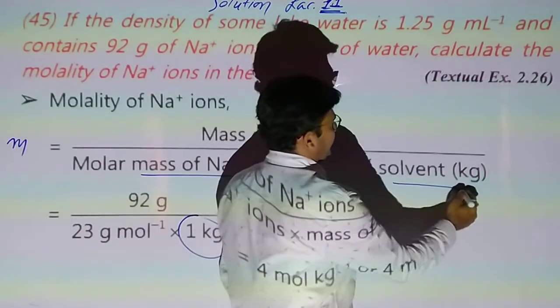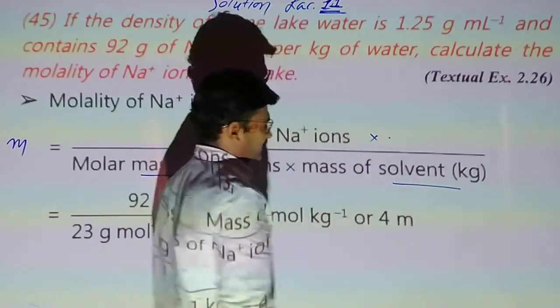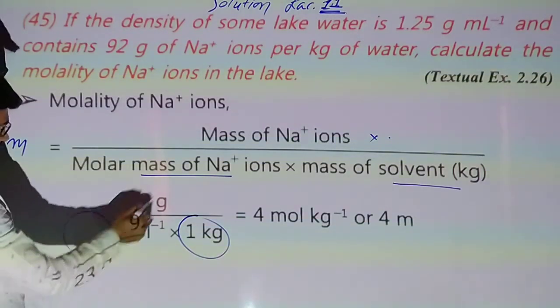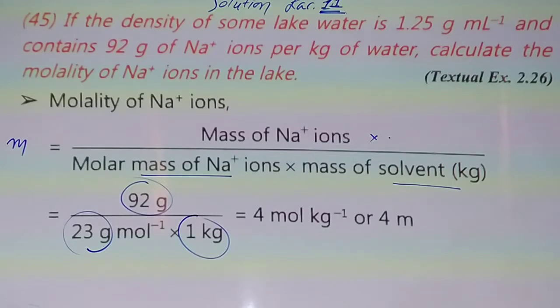When we take solvent in kilogram, we need to take 1000 here upward. 92 gram divided by 23 and 1 kg. So 92 divided by 23 gives 4 mole per kilogram, which is molality.